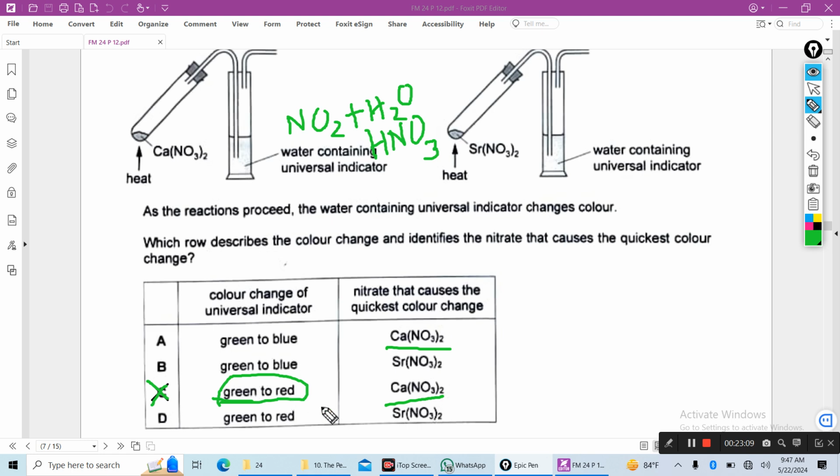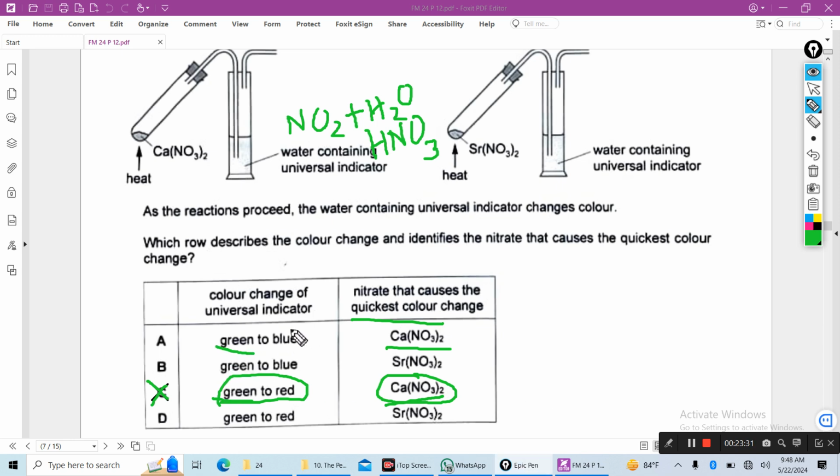That's why green to red. The quicker color change will happen for calcium nitrate because calcium nitrate decomposes more easily; down the group, thermal stability increases. That means they take more time to decompose.